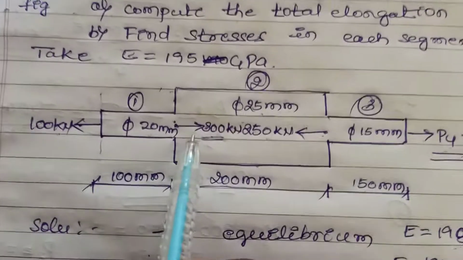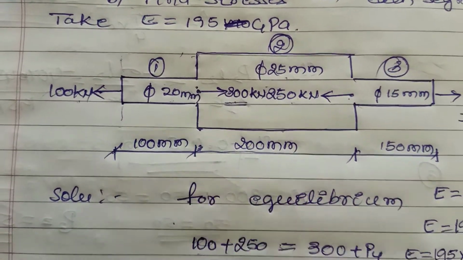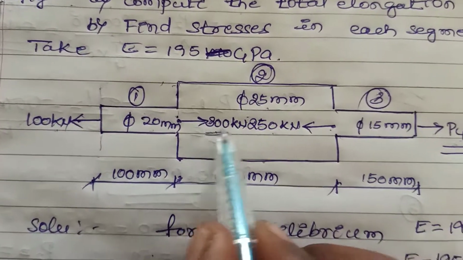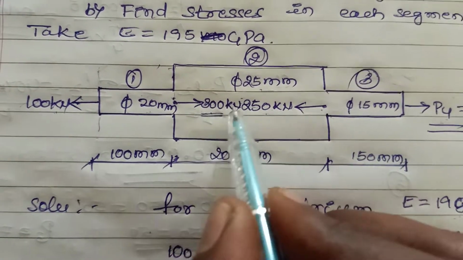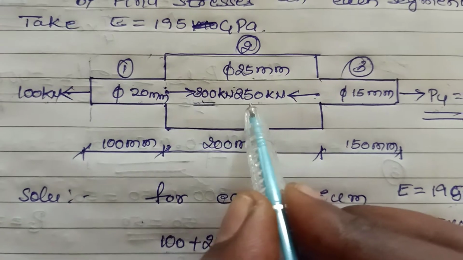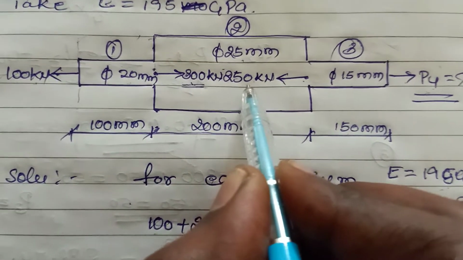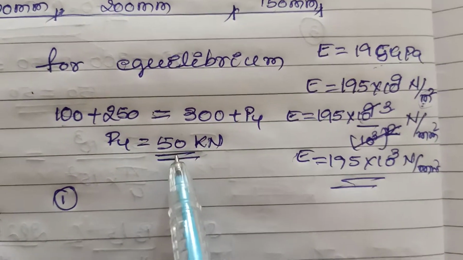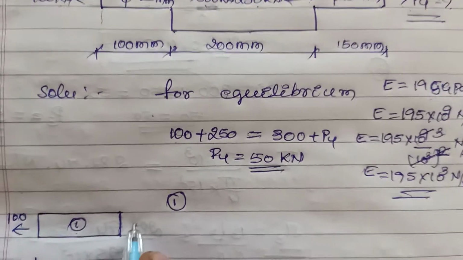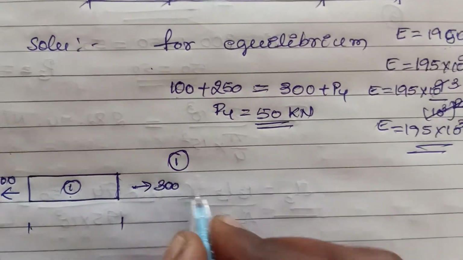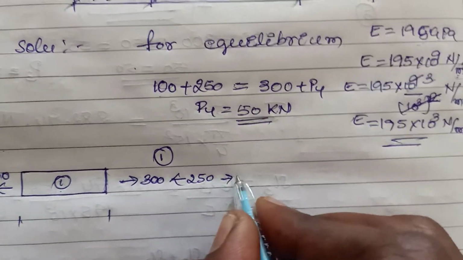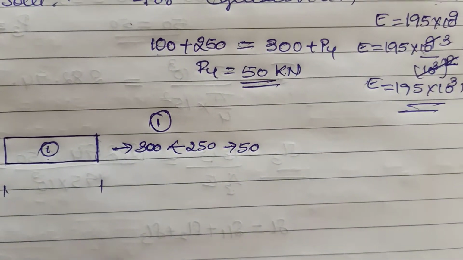Then here is another plane, the right side of the section. How many loads are acting there? 300 is there, tensile, 250 compression, then P4, the value we just got, 50 kilonewton, which is also tensile. Write that down: 300 tensile, 250 compression, 50 tensile.